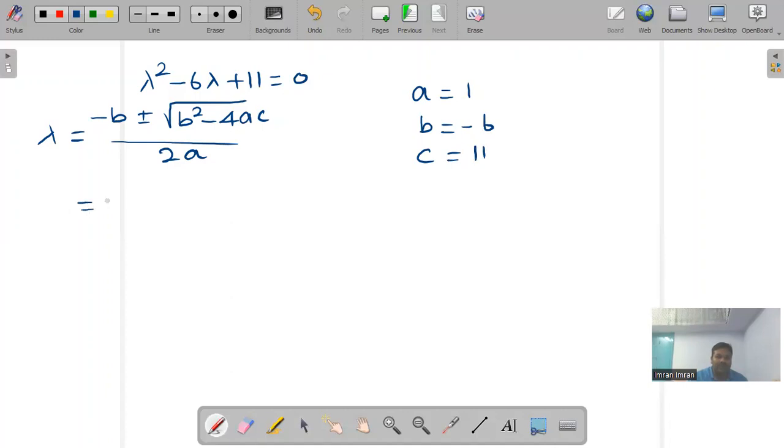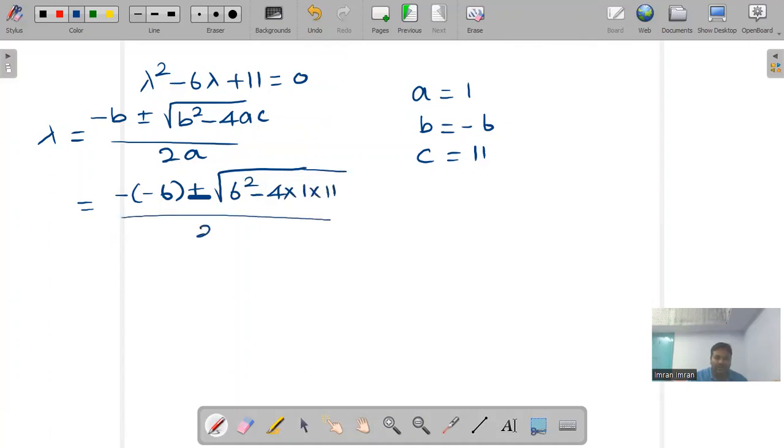Now apply this quadratic formula: minus of minus 6 plus or minus square root of b square, that is 6 square, minus 4 into a into c, whole thing divided by 2 into a. So 6 plus or minus square root of 36 minus 4 ones are 4, 4 elevens are 44, whole thing divided by 2 into 1.